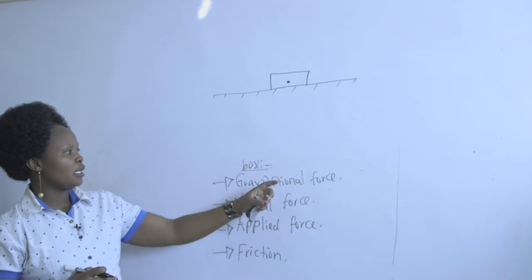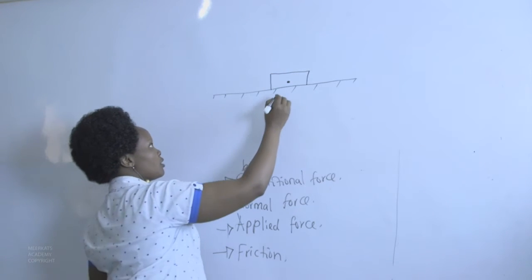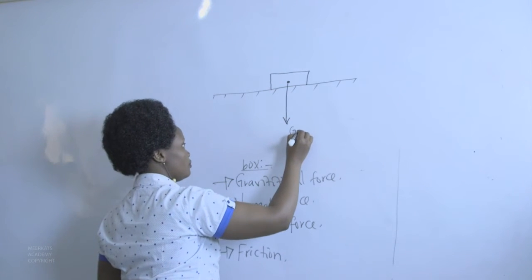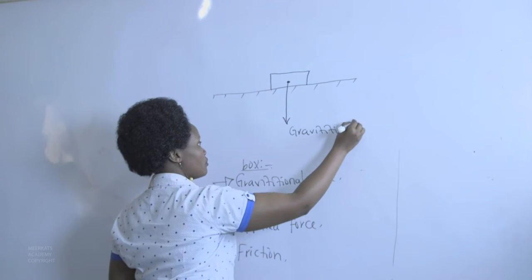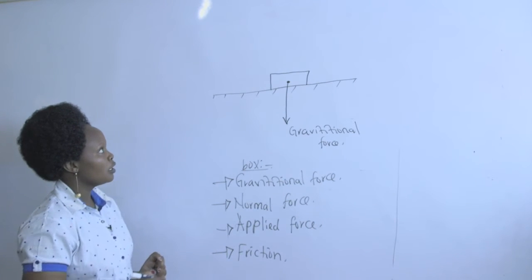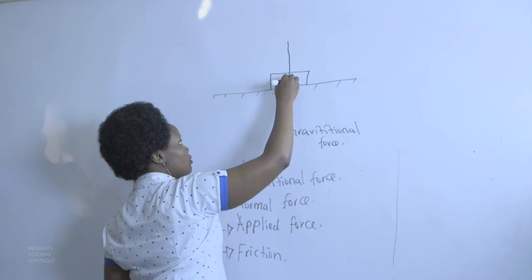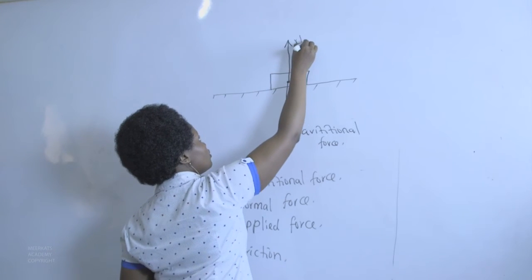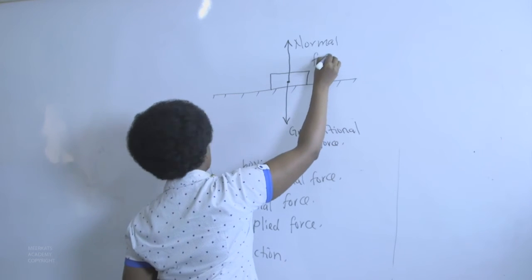Again, remember, it will always pull objects downwards. So gravitational force is there. Now, it is equally counteracted by what we call the normal force.